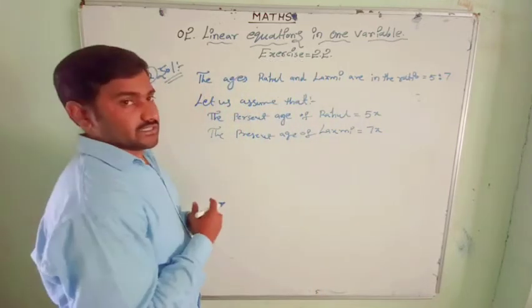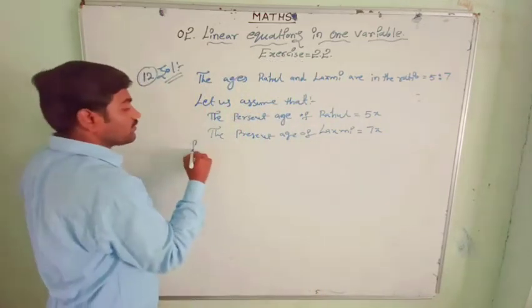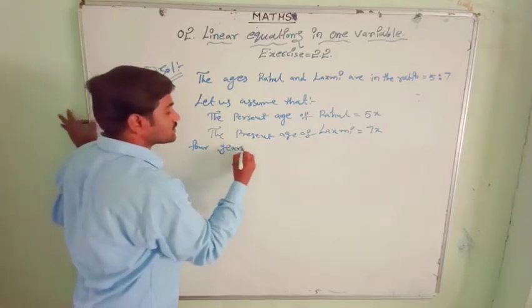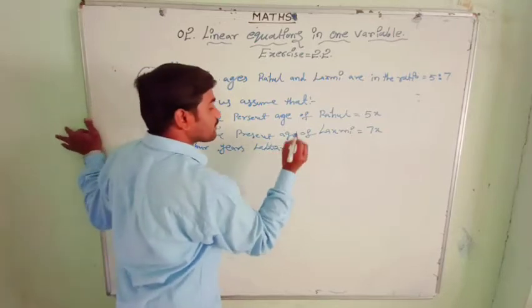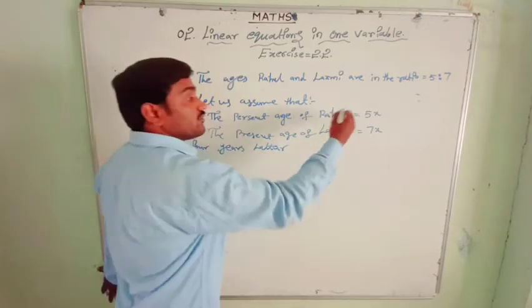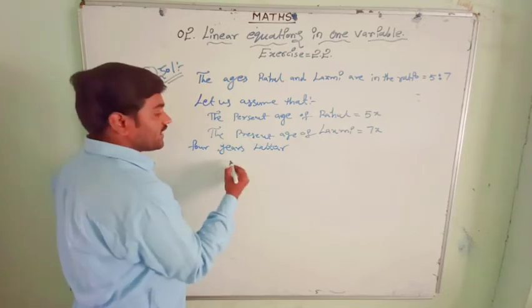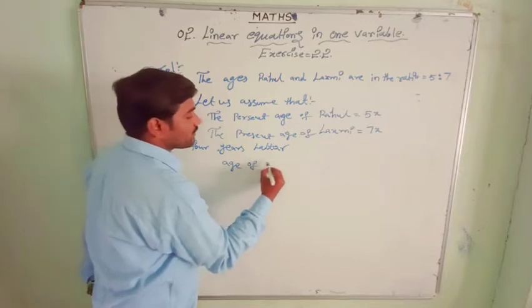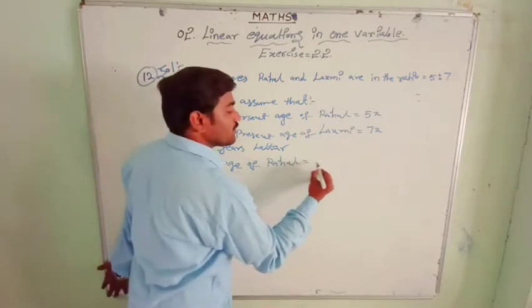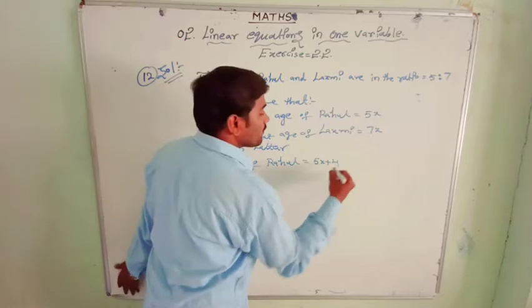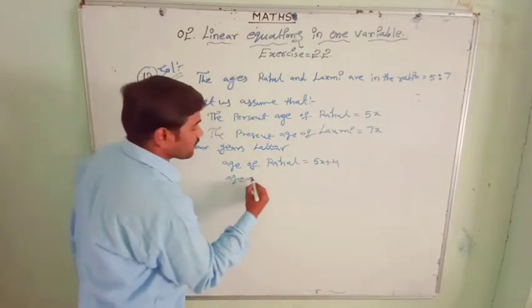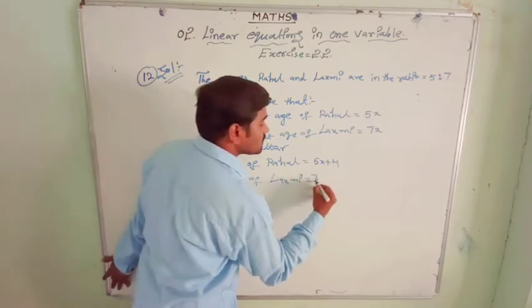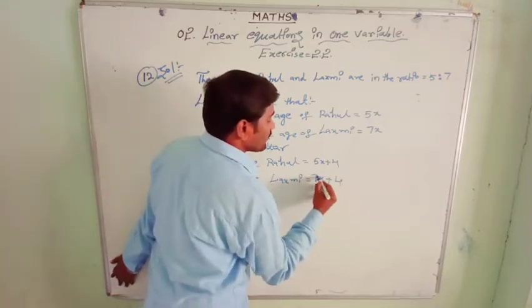But 4 years later, their ages will be: the age of Rahul will be 5x plus 4, and the age of Lakshmi will be 7x plus 4.